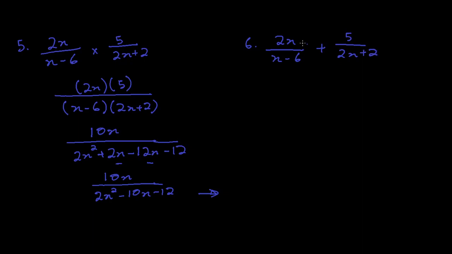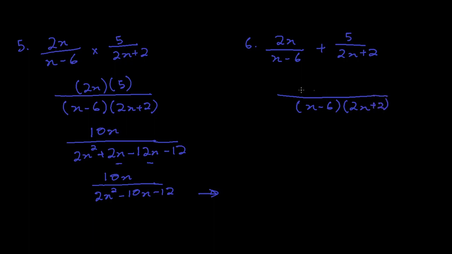I'm putting this side by side so that you know how to do it when there's a multiplication sign and also when there is a plus or a subtraction sign. In this case we're going to look for an LCD. LCD, it's simple. You just multiply your denominators here, so you drop them down. It's going to be x minus 6, 2x plus 2.